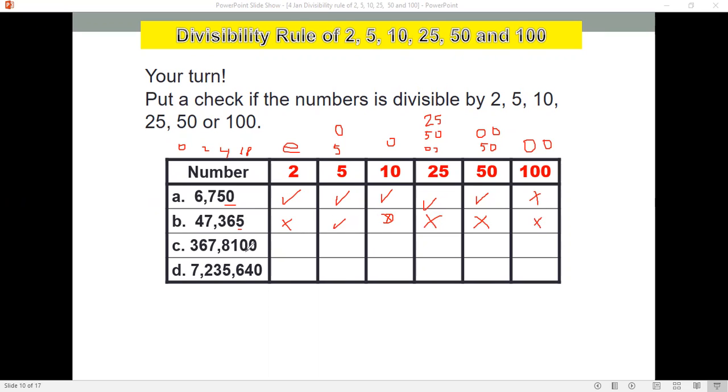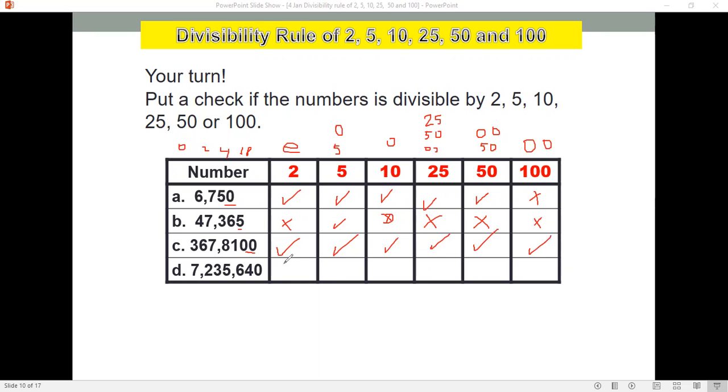Now, this is an even number. This ends with 0, this ends with 0, this ends with 00, this ends with 00, and this ends with 00. Let's move to the last one.